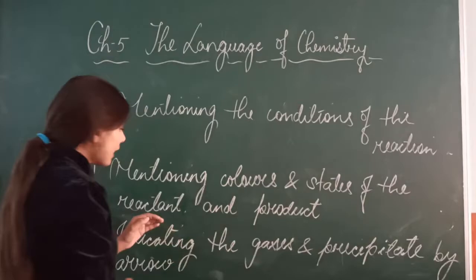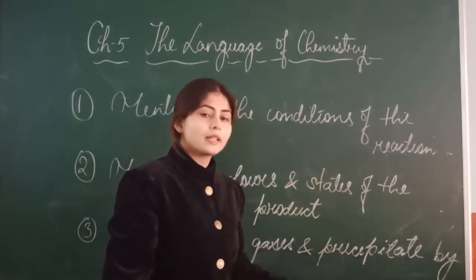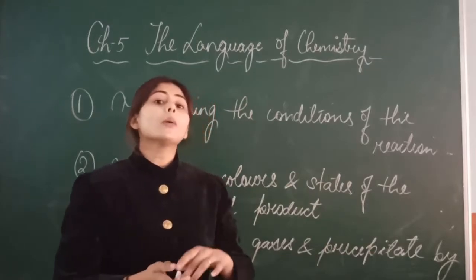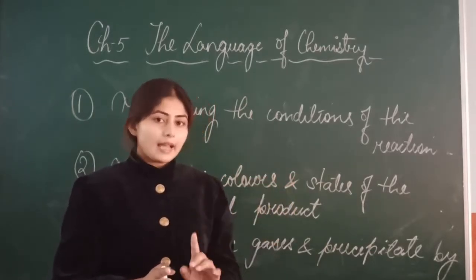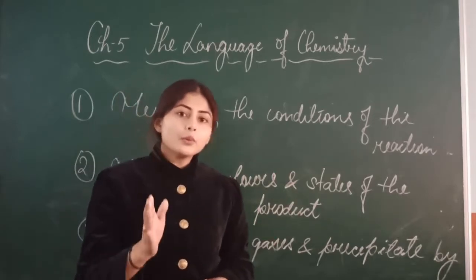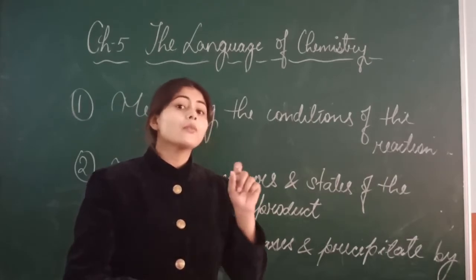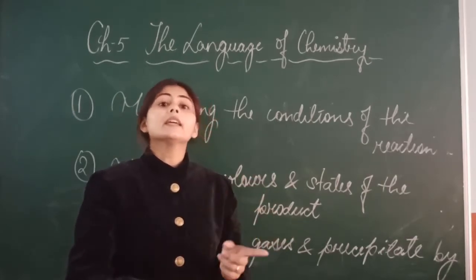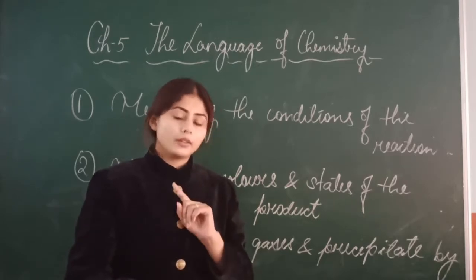And precipitate: if we get a precipitate, I have given the example in the previous session, like if you react barium chloride with sodium carbonate, then you will get barium carbonate and sodium chloride, right?